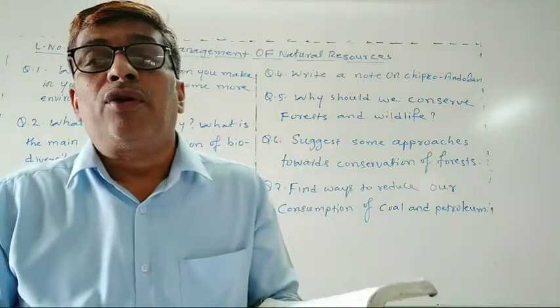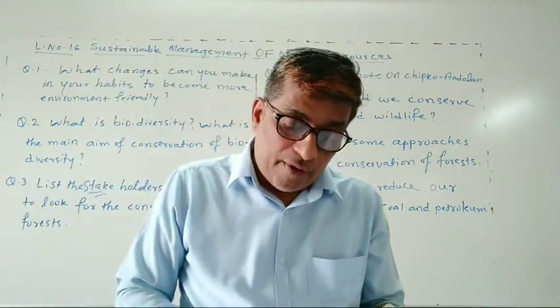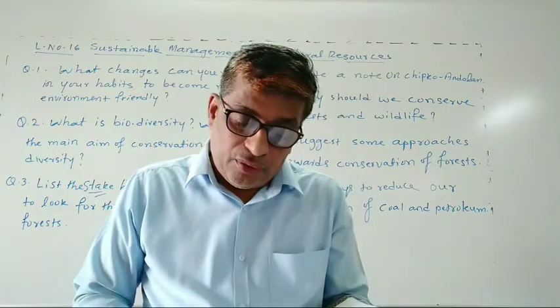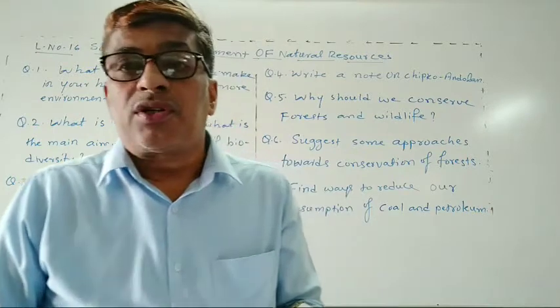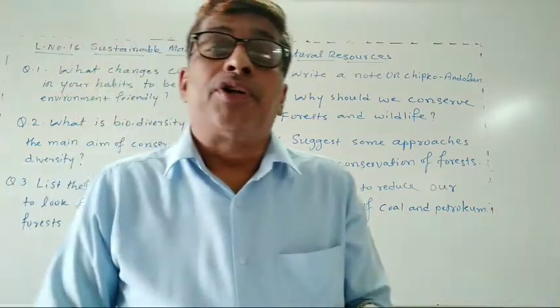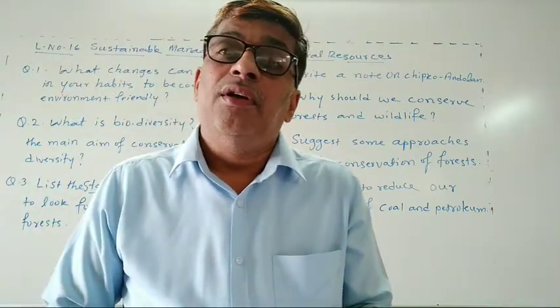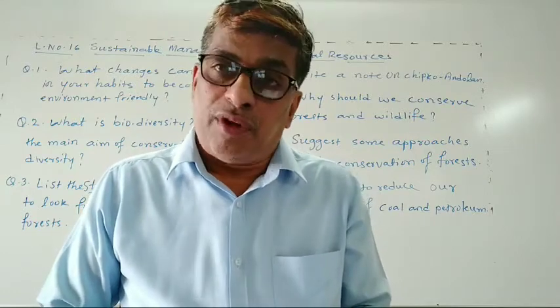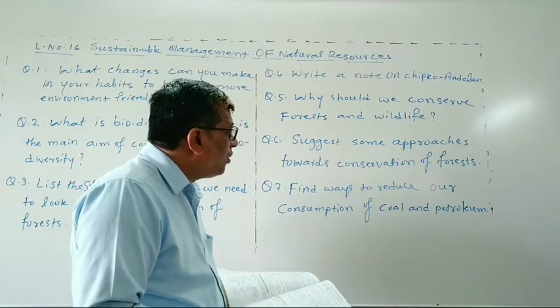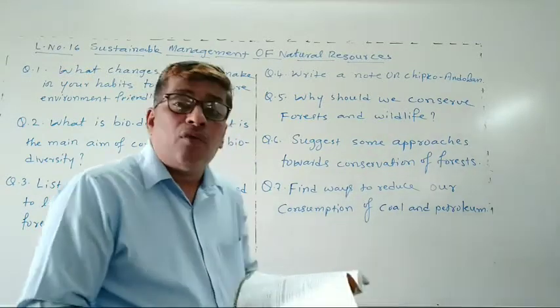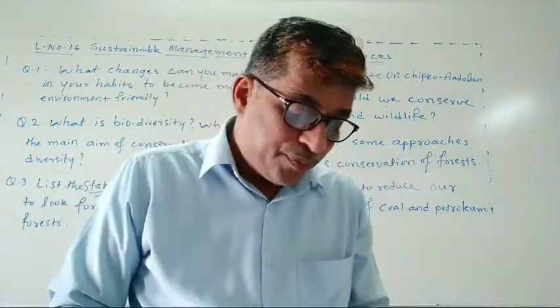So what we have to do is use efficient engines, so that it saves fuel through complete combustion. Then environmental pollution will not be there. So these are the points for reducing our consumption of coal and petroleum.